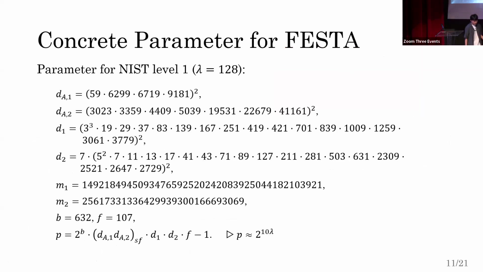So here are the concrete parameters for the test. As you can see, we need to compute very high degree isogenies, such as 2061, 2700. In addition, the prime P is as large as this.